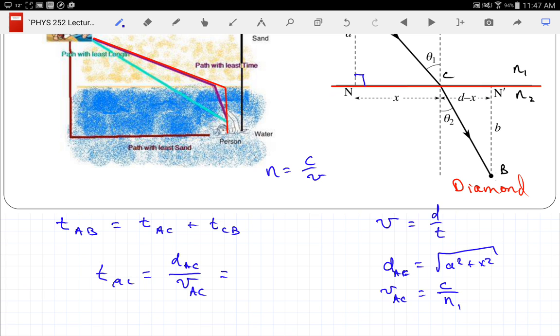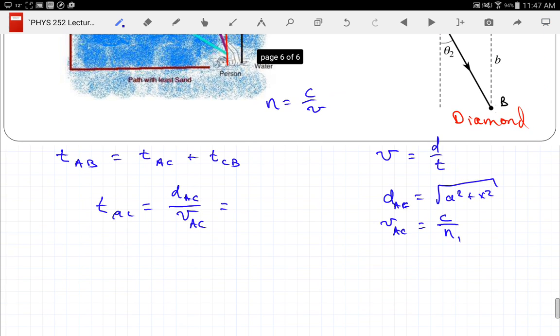The speed, just like when I was talking about the lifeguard, we could assume the speed is known in the material. We're trying to find a path that's going to be least time. Right. And so knowing the speed or knowing n is the same thing. We can assume we're going to know that. What we're looking for is the time it takes to go from A to B.